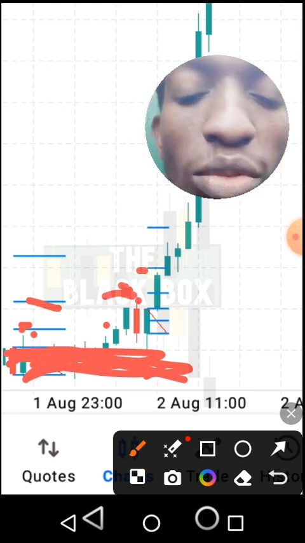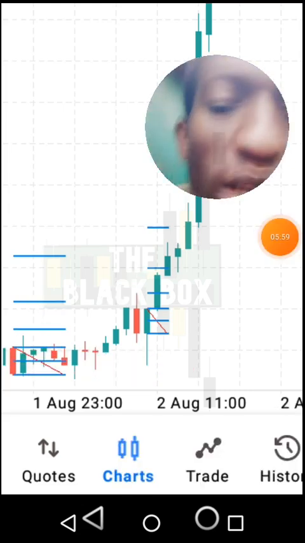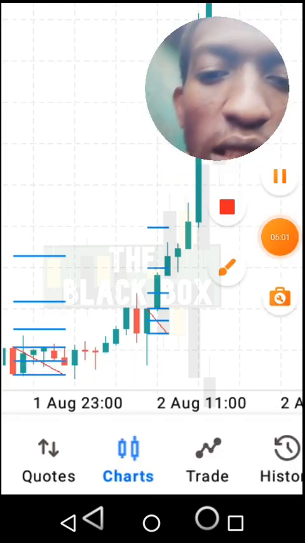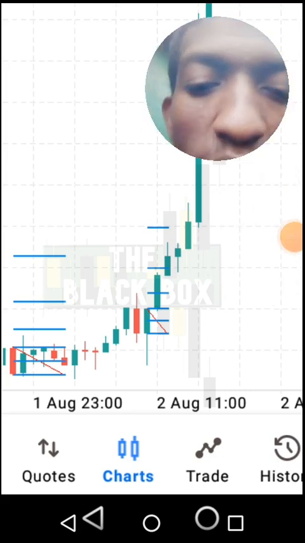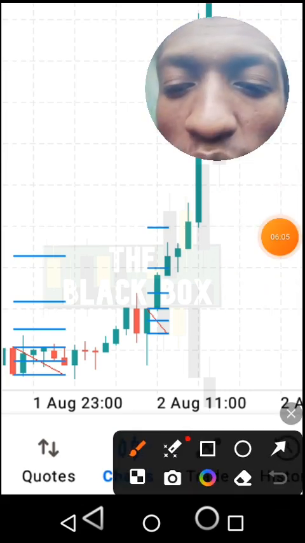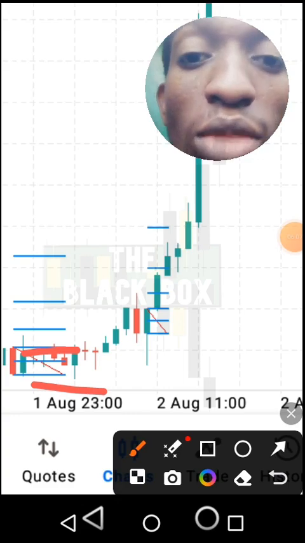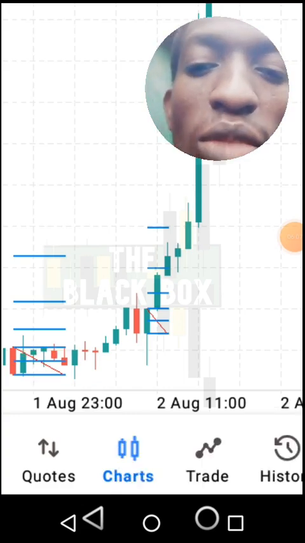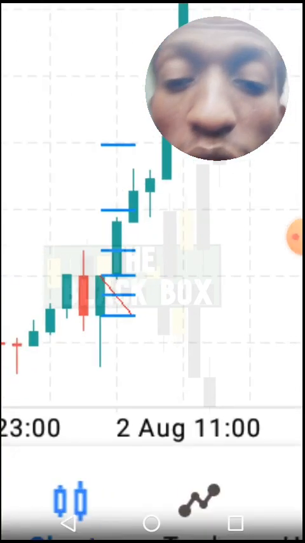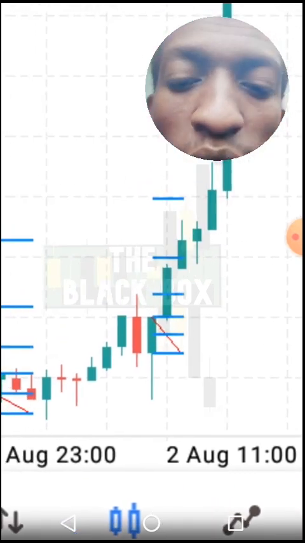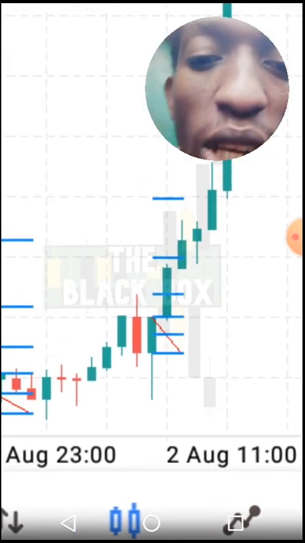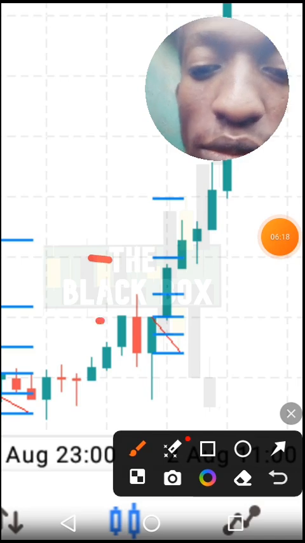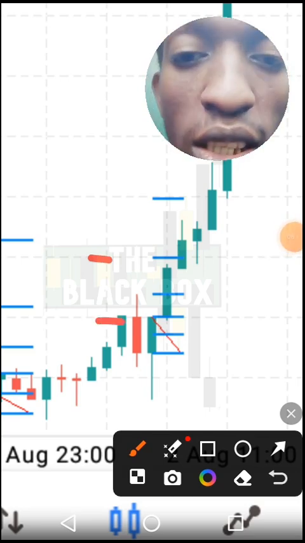So if you are using the classical black box, you can use a zoomed out chart. But if you are using the two candles black box, you have to zoom in, not too much, but zoom in and use the zoomed in grid.